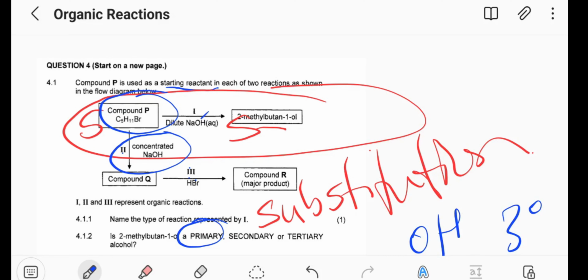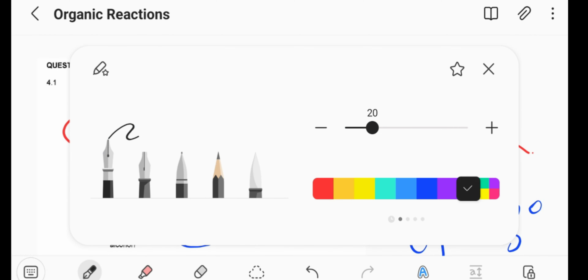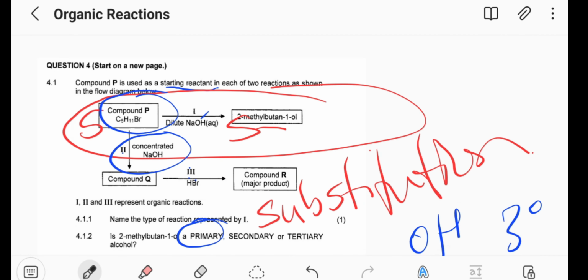From our elimination reactions, we will recognize that one of the conditions necessary for an elimination reaction to occur is concentrated sodium hydroxide. So our prediction would be that compound Q is unsaturated.